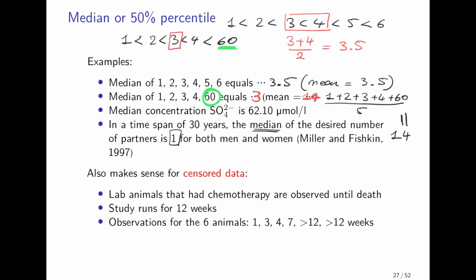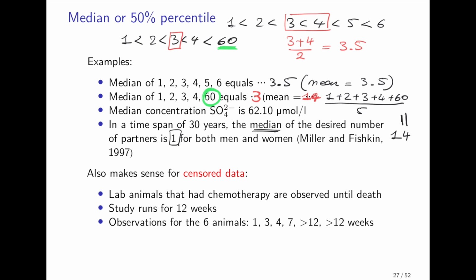And you can see that the fact that it's 60 doesn't influence the median at all. If this was 600, the median would still be 3. And if it was 6, the median would also be equal to 3. The only thing that matters is that that 60 is bigger than everything that came before it, 1, 2, 3, 4.